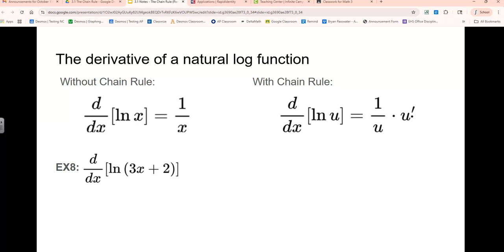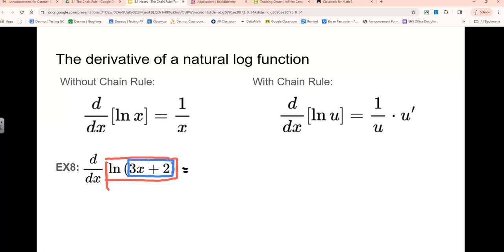Right? So, what throws kids on this is it feels like there needs to be a natural log in your derivative, and there is not. So, a lot of times kids will put a natural log in there somewhere, and it's not supposed to be there. So, whenever we look at a problem like number 8, the outside is the natural log. That's our outside box. And the inside is the 3x plus 2.